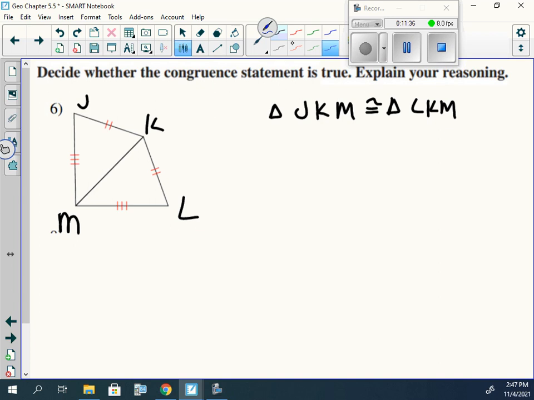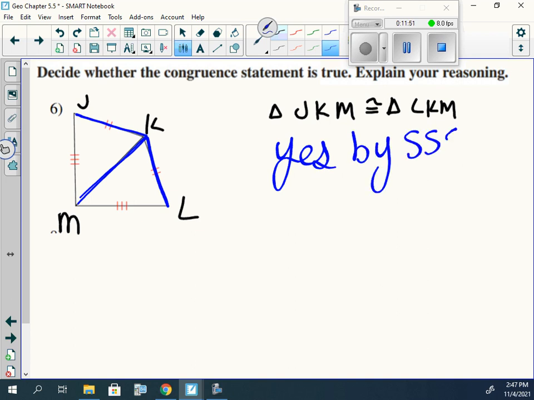So let's just make sure that it's right. So we go from J to K to M, L, K, yeah. Side, side, side. And I mean, we could say that JK is congruent to LK or KL. Both of those work.